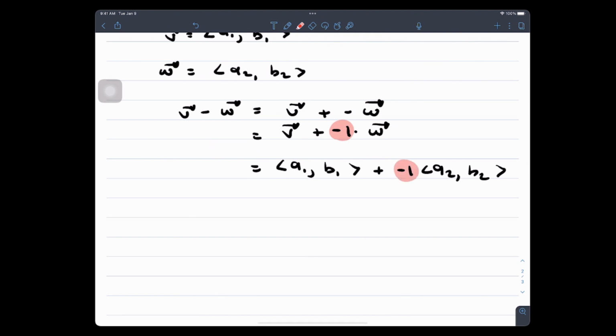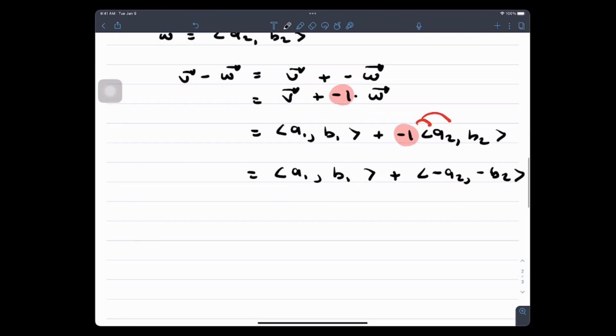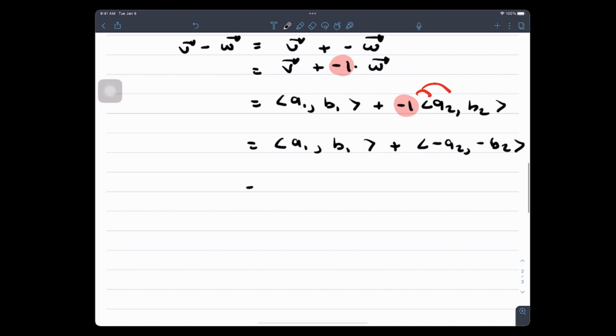So notice the arithmetic. Okay? So what you can do is you can distribute that -1. A1, B1 plus -A2, -B2. And now you can perform vector addition. A1 minus A2, B1 minus B2.